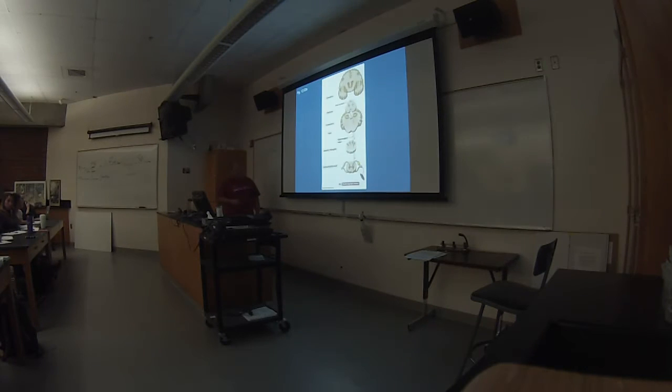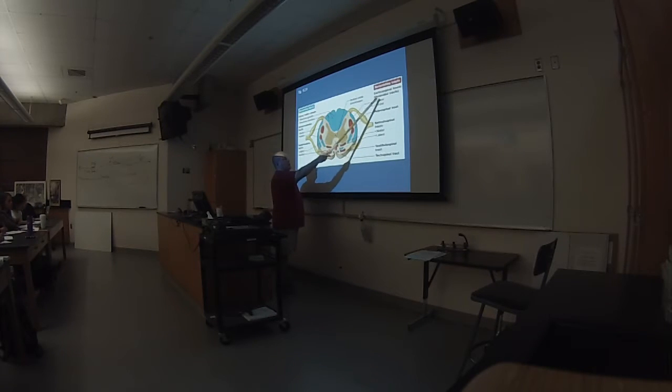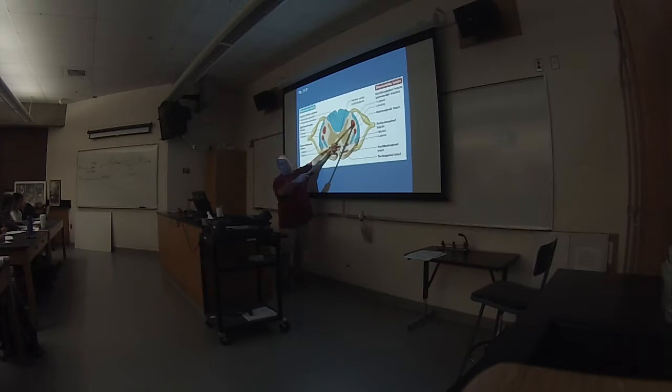Now, when we look at that, you're going to see all of these red. Remember, red is the descending pathway. And probably the most important thing that you should be familiar with, again, are the corticospinal tracts, the pyramidal tracts. This one and this one. Those are our direct pathways.